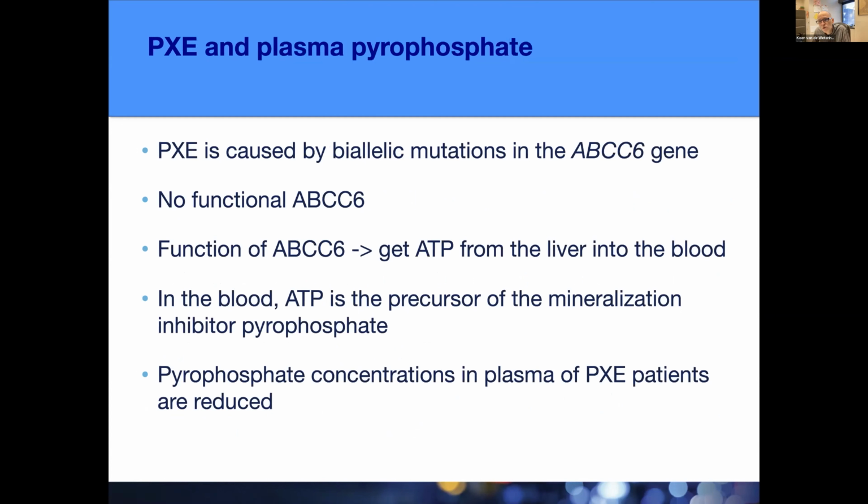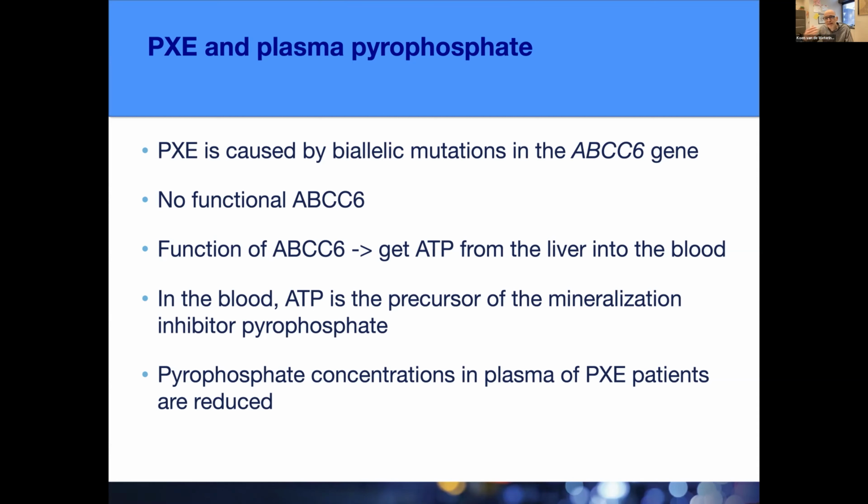So what you all already know is that PXE is caused by biallelic mutations in the ABCC6 gene. And that means that there's no functional ABCC6 produced. And the function of ABCC6 is to get ATP from the liver into the blood. And in the blood, the ATP is the precursor of the mineralization inhibitor pyrophosphate.